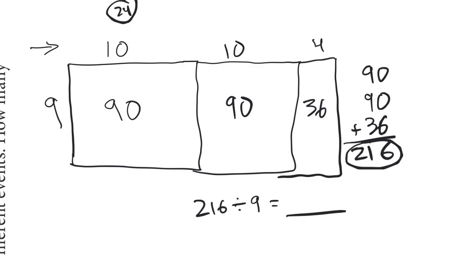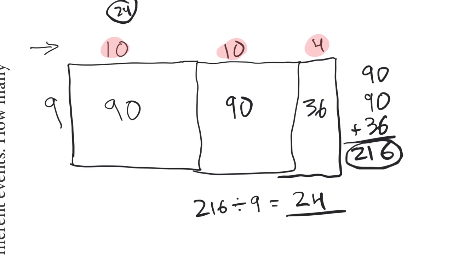Well, to find that answer, all you need to do is add your top row. 10 plus 10 plus 4 is 24. So if I have 216 students, and I'm going to divide them into 9 groups, I will have 24 as my answer.